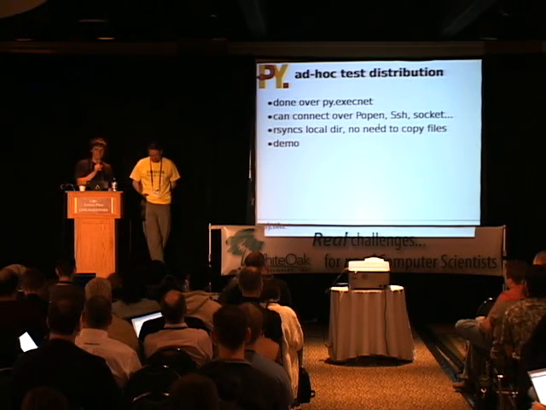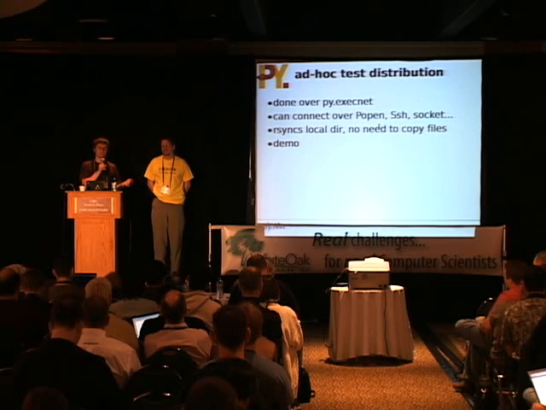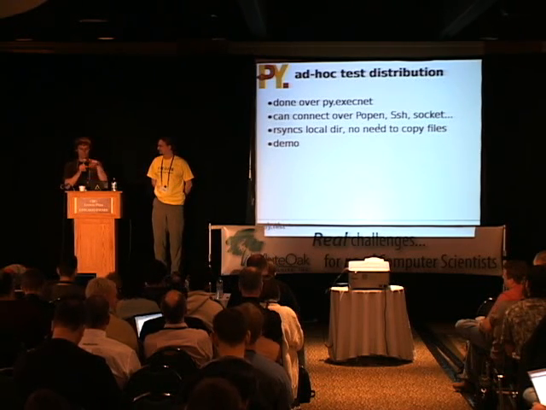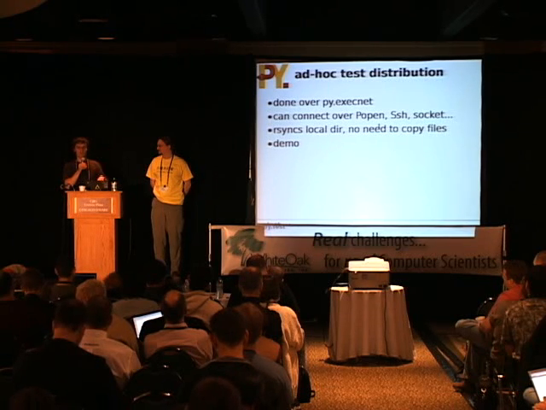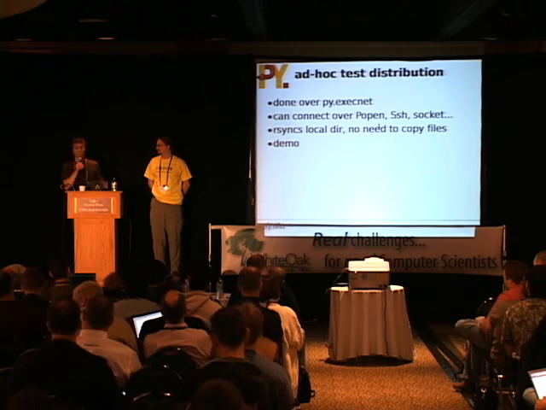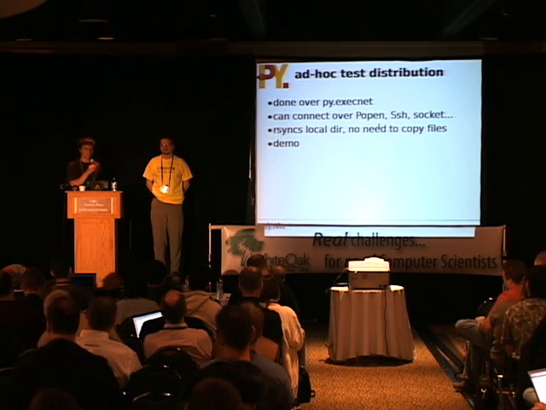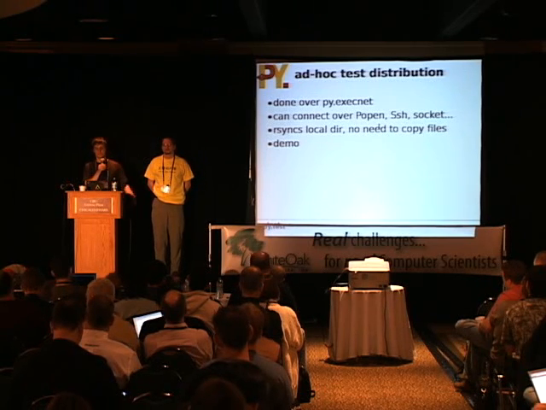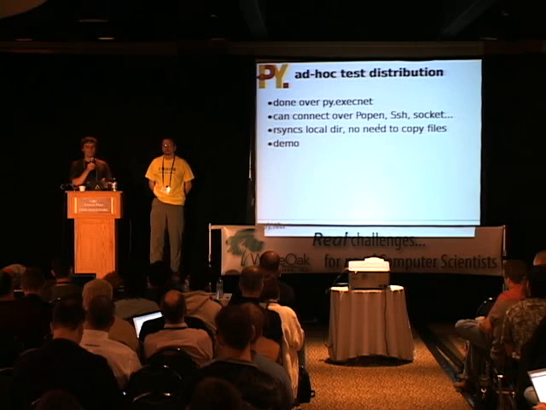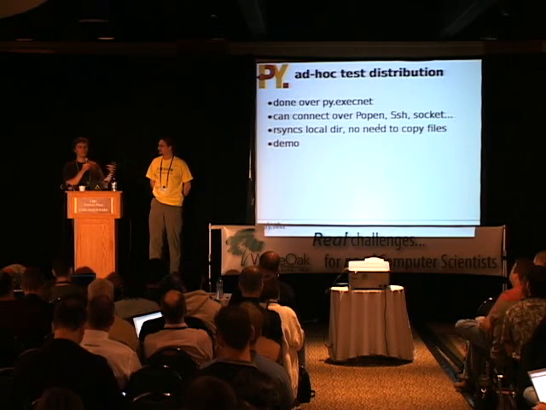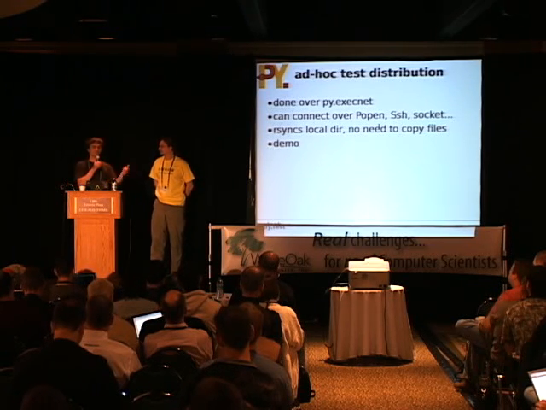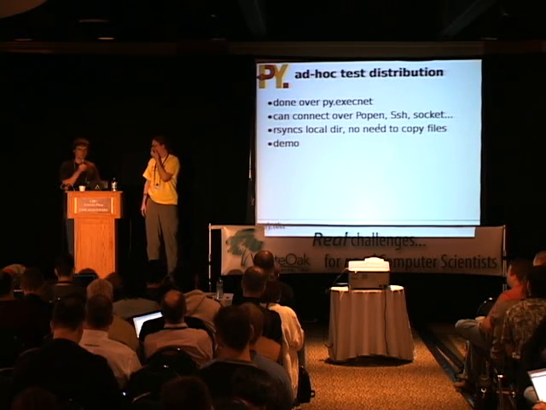So execnet is the way of having you put the string with your Python code, and it gets executed on the other side of the channel, where the channel can be popen, SSH, socket, whatever, and you communicate over it with simple data. So it's a lightweight remote execution protocol.